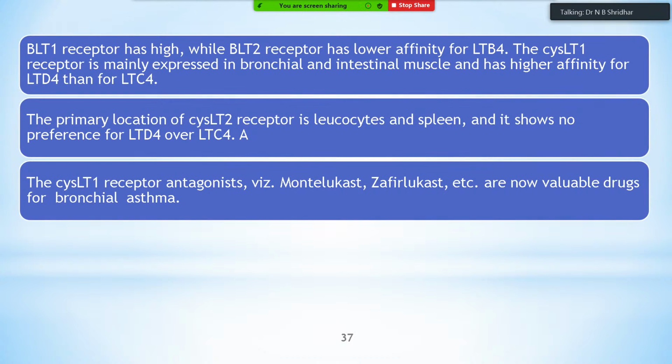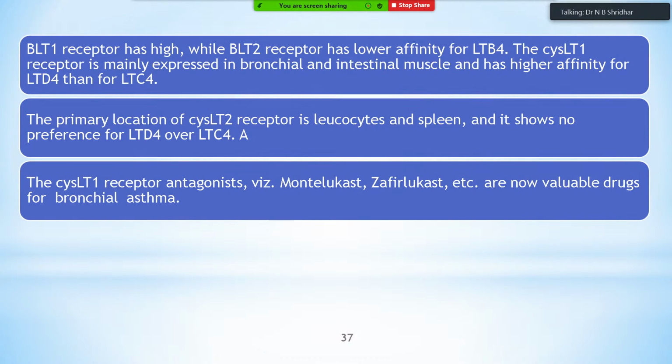The BLT1 receptor has high affinity, whereas the BLT2 receptor has lower affinity towards LTB4, whereas the CysLT1 receptor is mainly expressed in the bronchial and intestinal muscle and has affinity for the other two types, LTD4 and LTC4.